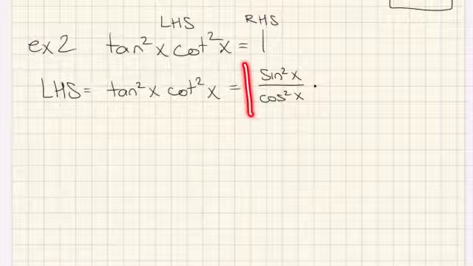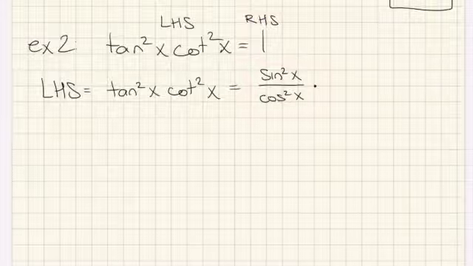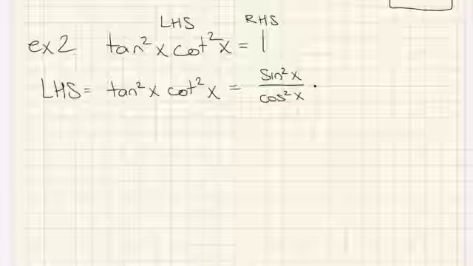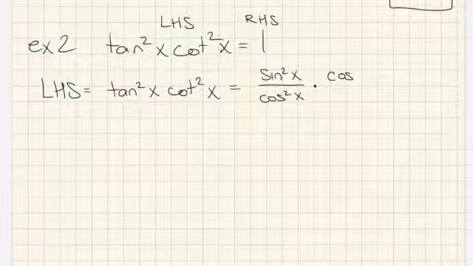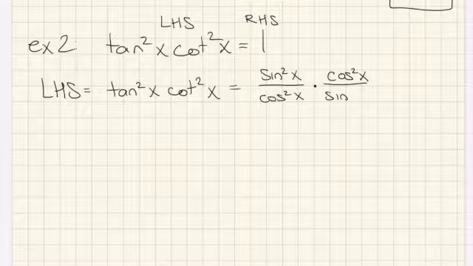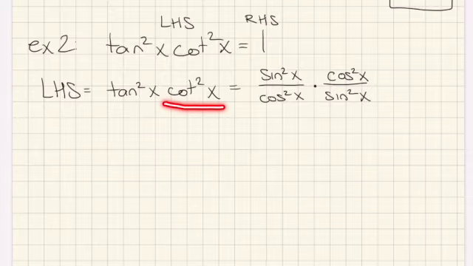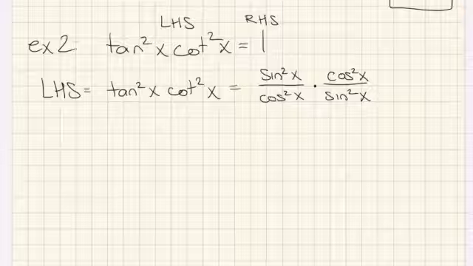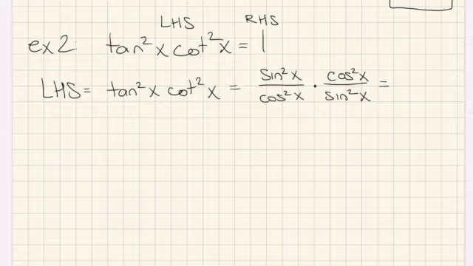And now moving forward, we will be looking at cotangent squared of x, which is the reciprocal of tangent squared of x. So it will look almost exactly the same as this, but sine and cosine will be flipped. So we have cosine squared of x in the numerator and sine squared of x in the denominator when switching cotangent to sine and cosine.